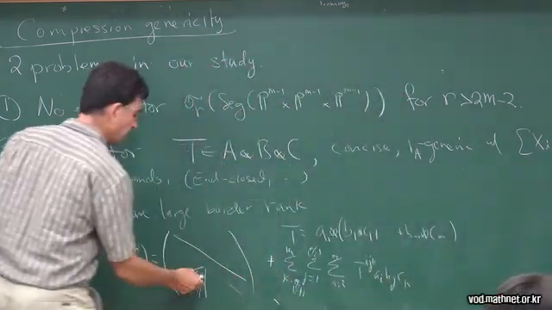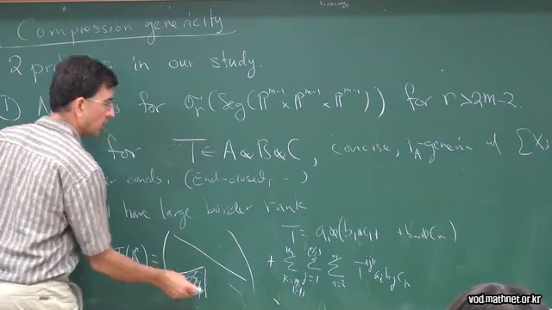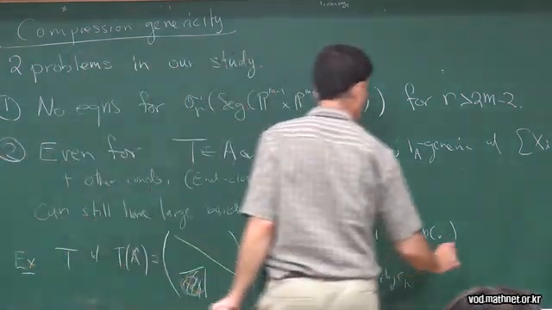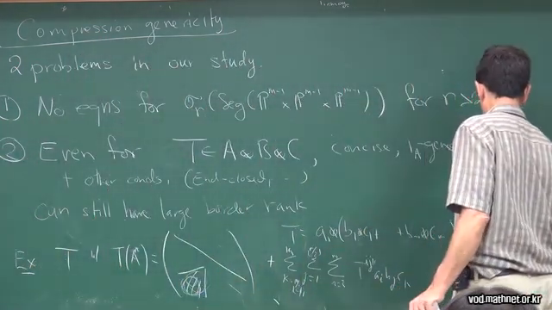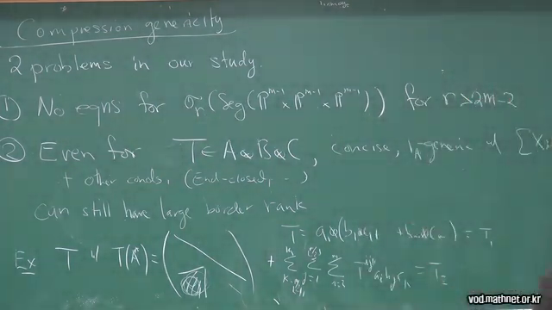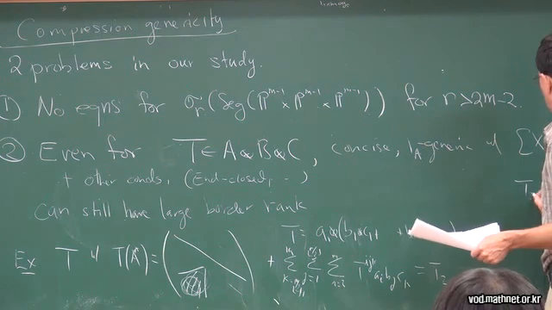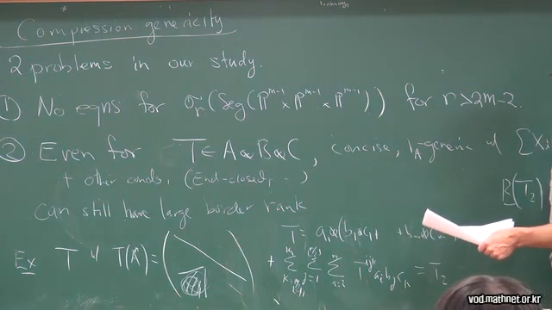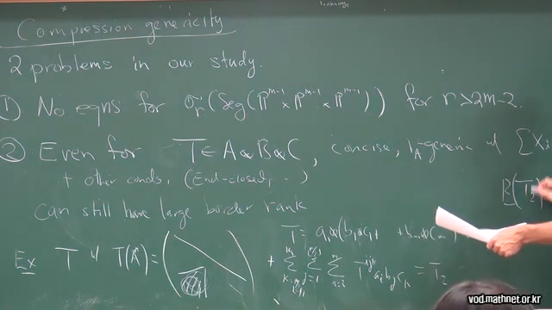So that means that it'll fall in this lower corner, this piece here. So I'll write this as some t1 plus t2, where this t2 has large border rank.